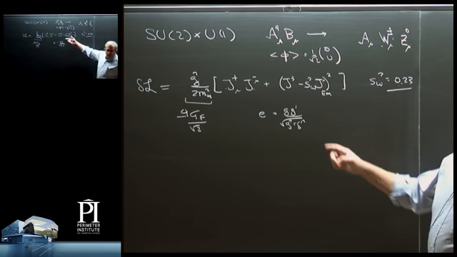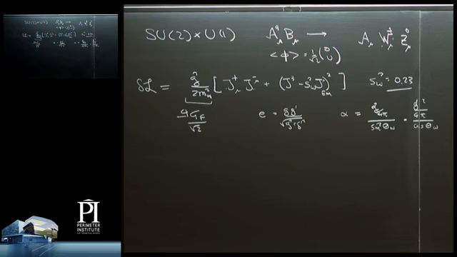So if you square this expression, it turns out to be the following. Alpha is equal to g squared over 4 pi times the sine squared of the weak mixing angle. That's also g prime squared over 4 pi times the cosine squared of the weak mixing angle.